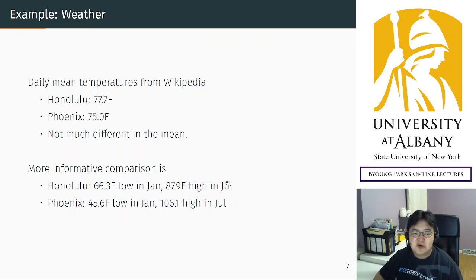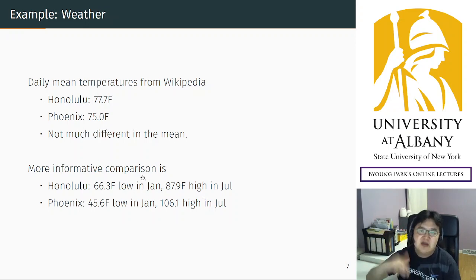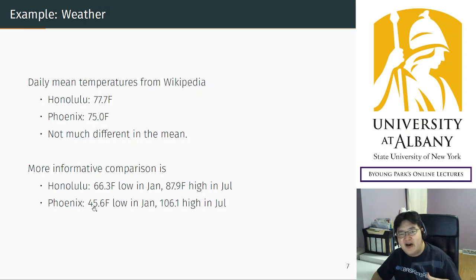But in summer, in the hottest month, it goes up as high as 88. So the temperature ranges from 66 to 88 in Honolulu. On the other hand, Phoenix ranges between 45 and 106 in July.